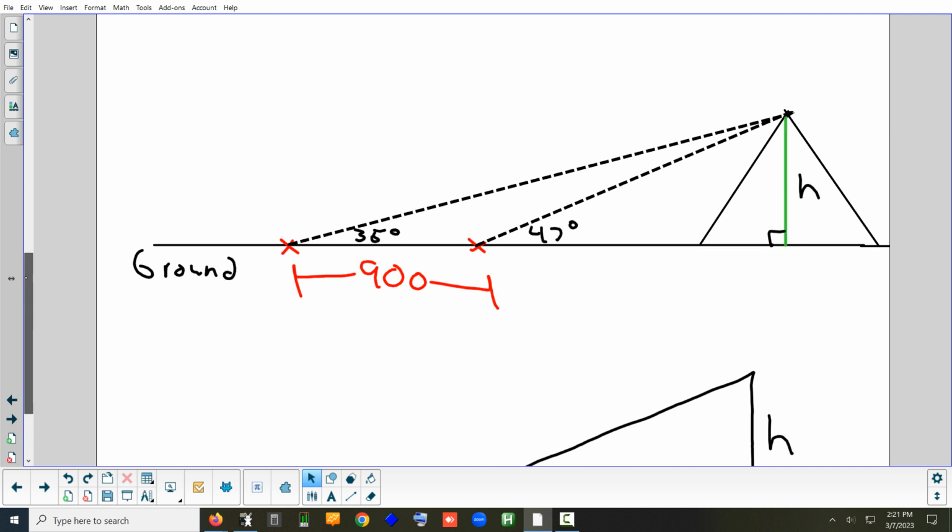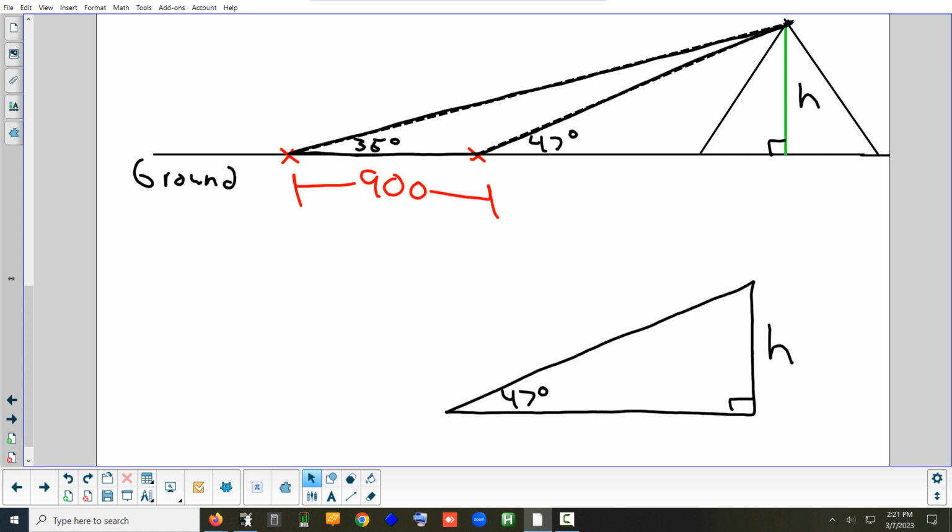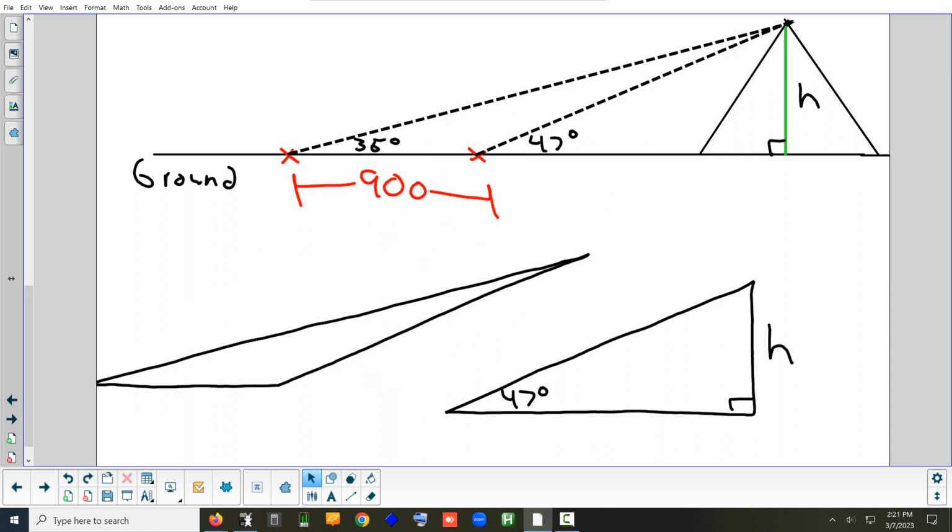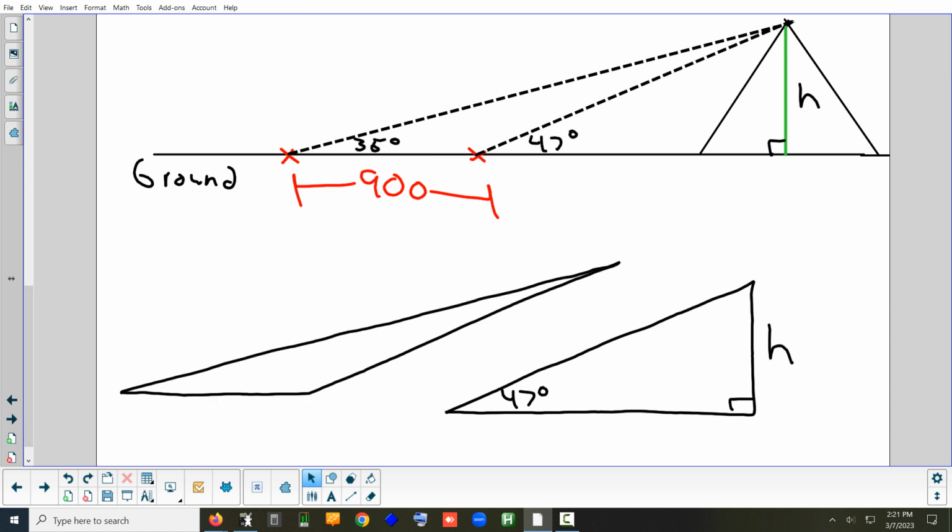All right, so let's look at a different triangle. Let's look at this one. Right there. What do you notice about these two triangles in terms of anything they have in common?